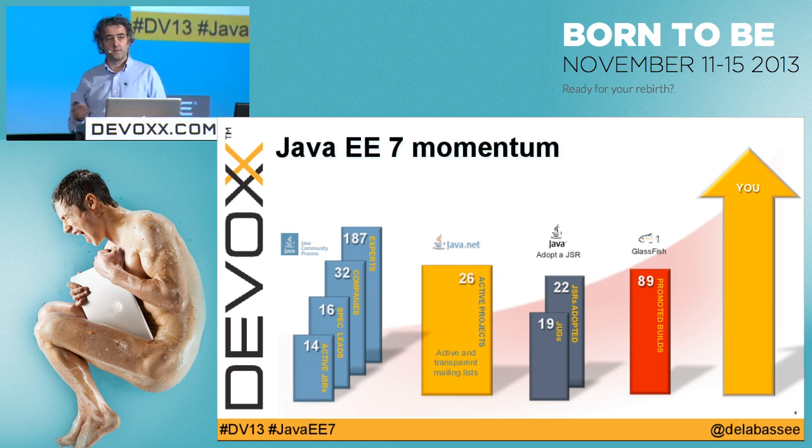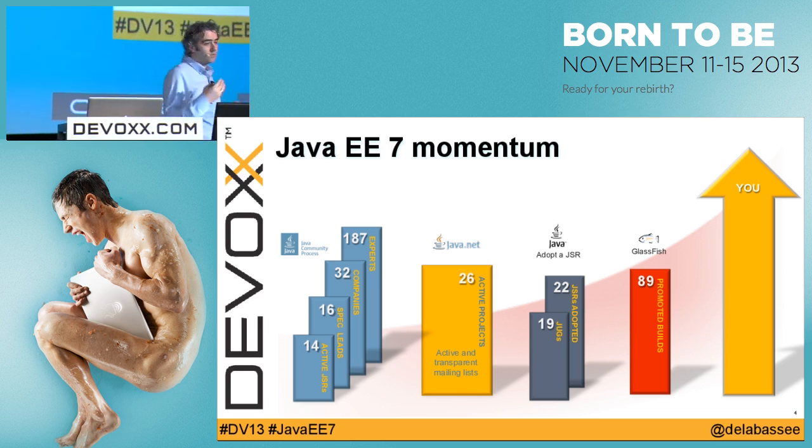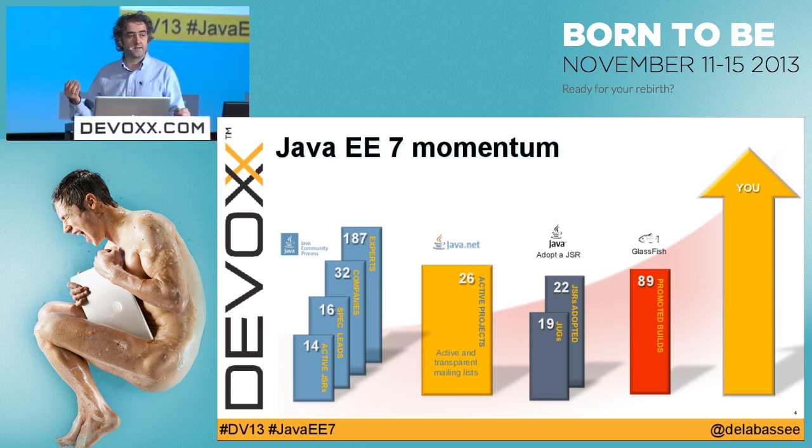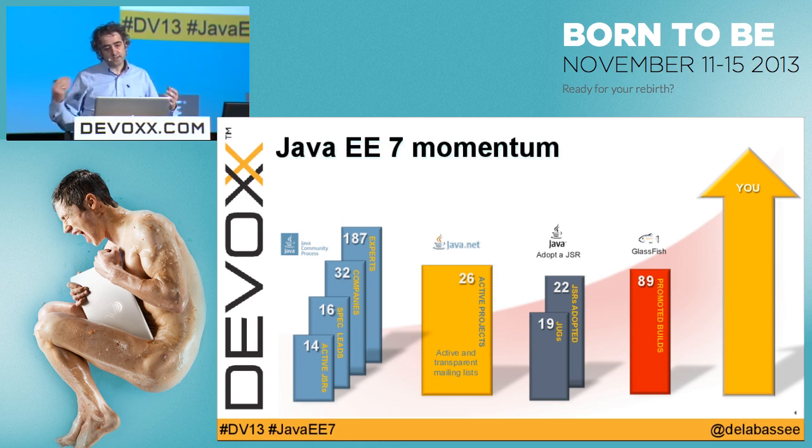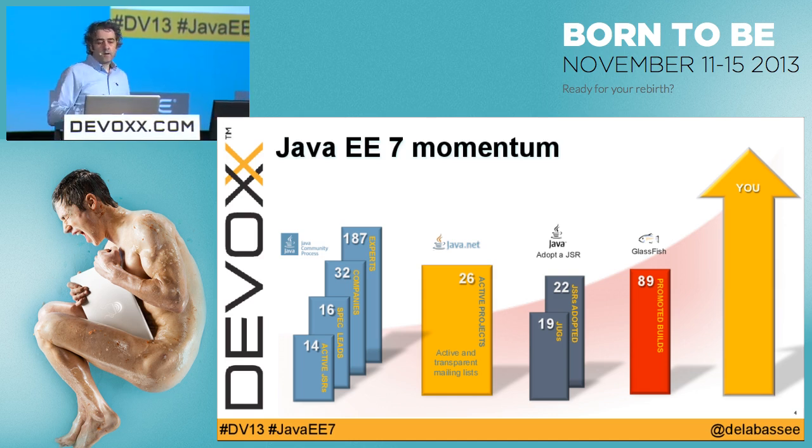We have done that even in Belgium, so the BJUG played with the WebSocket implementation, and one of the results is that one of the applications they developed as a sample is now part of the official Java 7 SDK. So that's another way you can contribute to Java EE.